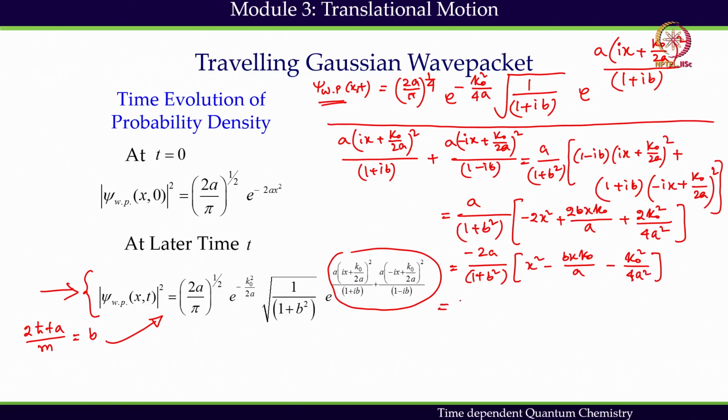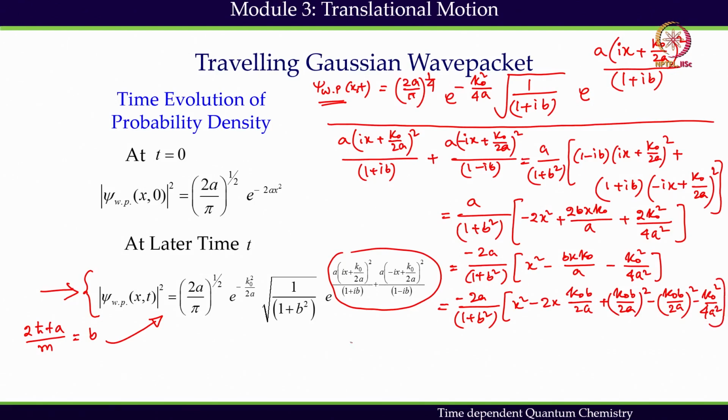This can be written as minus 2a by 1 plus b square times x square minus 2x k naught b by 2a plus k naught b by 2a whole square, minus k naught b by 2a whole square minus k naught square divided by 4a square.